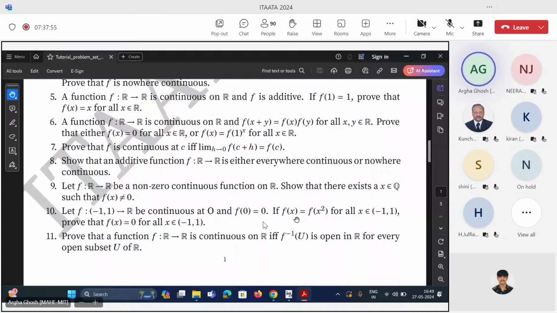So you cannot say that f of x can be 0 for all rational numbers. Look at the question again. Think about it. It's a non-zero continuous function on the whole real line. So you have to prove that there is at least one rational number where the function takes a non-zero value.